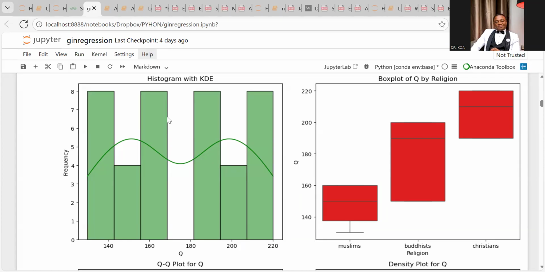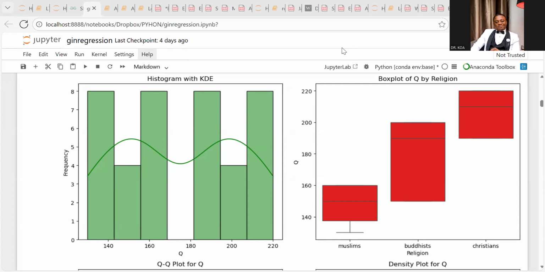Okay, it looks like you haven't been taught, so it is known as a normality test. That is what you use to check whether the data is normally distributed. You check for normality.